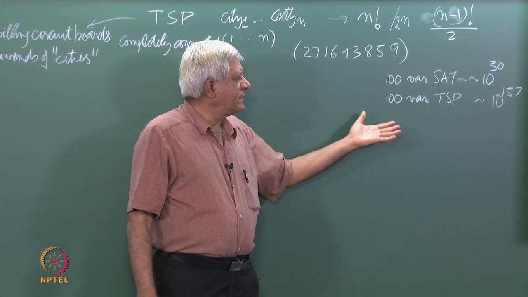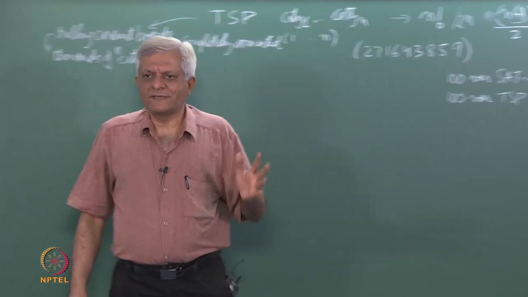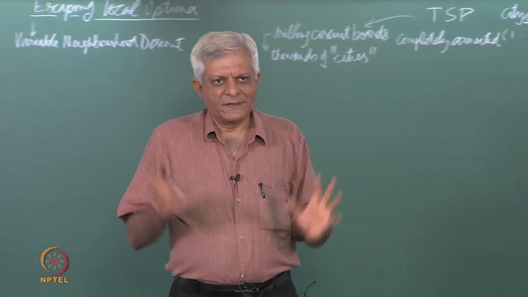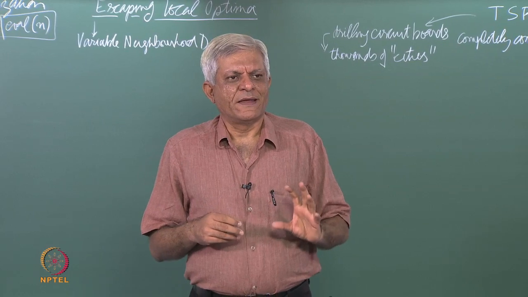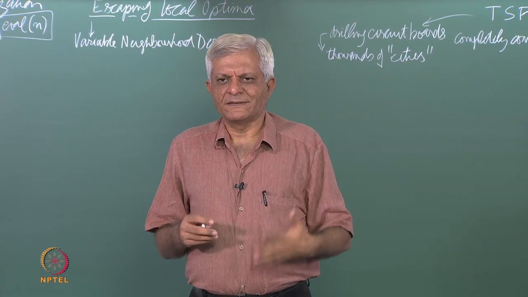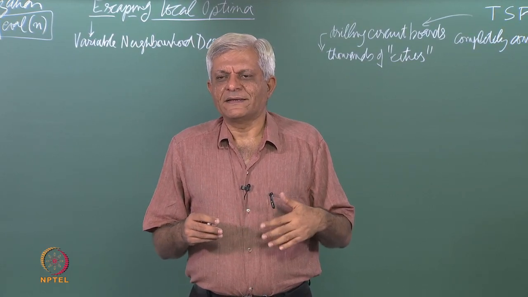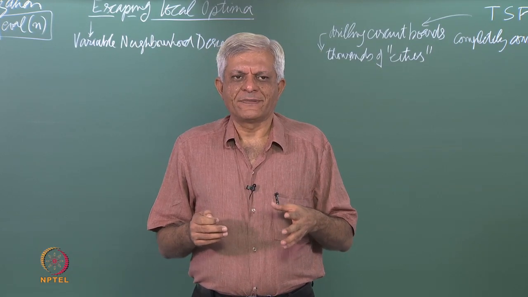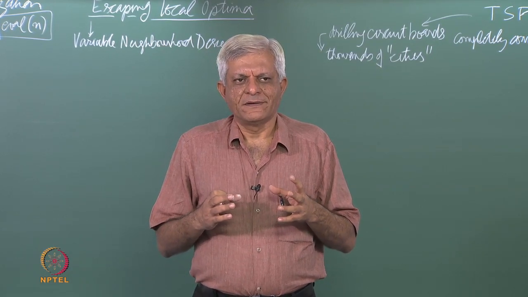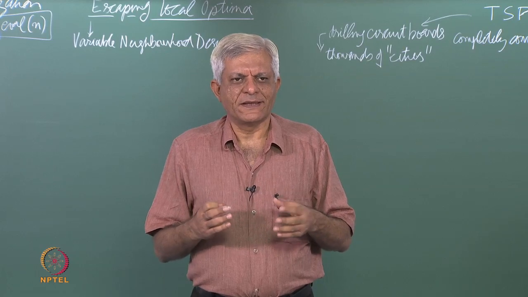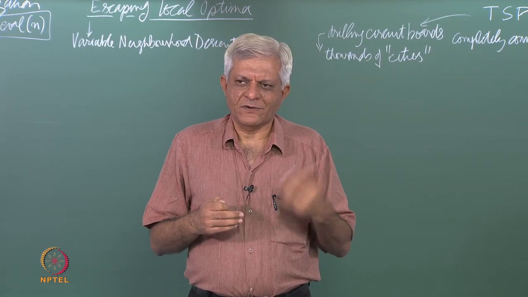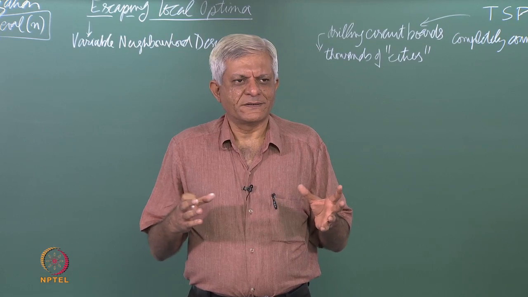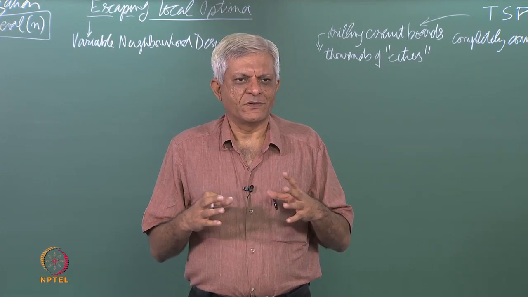You can see that the 100 variable TSP has about 10 raised to 157 different possible tours, and that is a number that we cannot even begin to imagine. As something to compare with, how many fundamental particles, let us say electrons for example, are there in this entire universe?